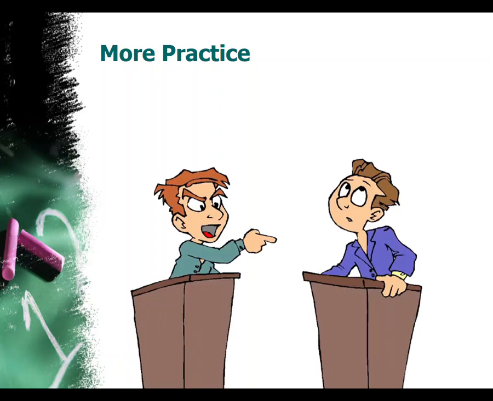Let's do one more practice here. An observation that we might see is that we see 2 people behind podiums. We might also have an observation that one of the people is pointing at another. So we see that that is going on.